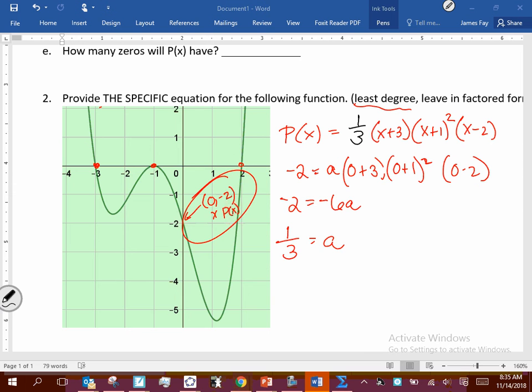Okay. So if I look at this picture, -3 is a 0, -1 is a 0, 2 is a 0. If I ask what the x-intercepts are, we're going to say that as an ordered pair. So we say -3, 0, -1, 0, and 2, 0. Okay. If we ask for the y-intercept, we should write that like we do an x-intercept, as an ordered pair. Does that make sense, everybody?